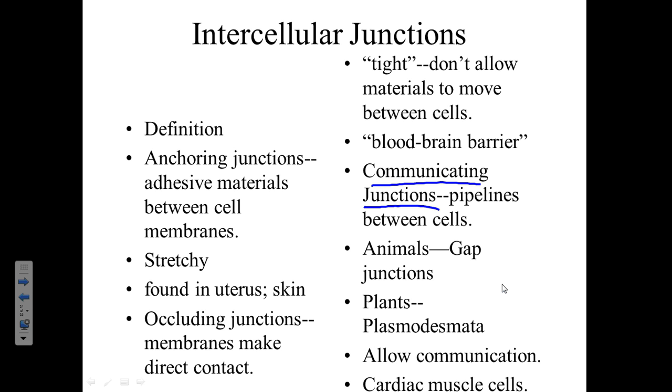They continue to beat, but they wouldn't beat at the same time. When they're hooked together, the connections between the cells are called gap junctions. This is a type of communicating junction, gap junctions in animals. That lets the cells communicate, and it allows them to get in rhythm so that they're all beating together.